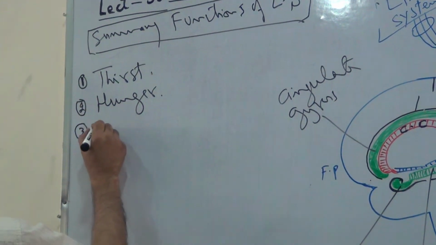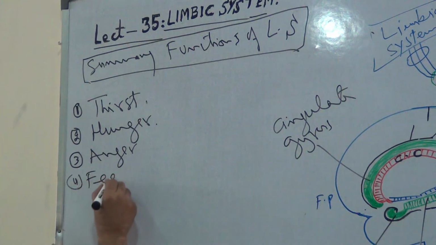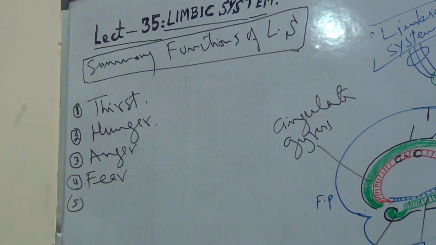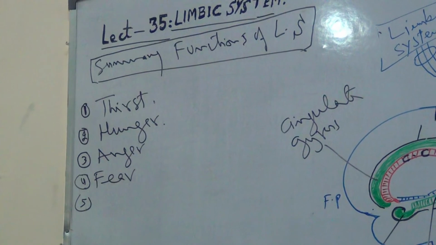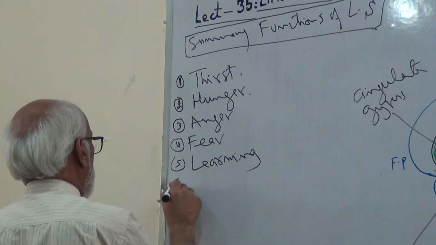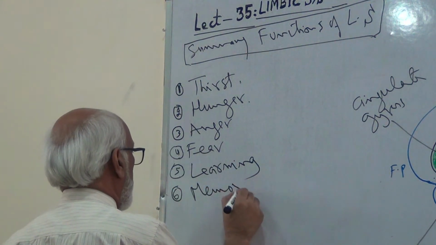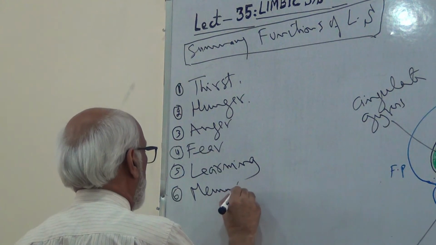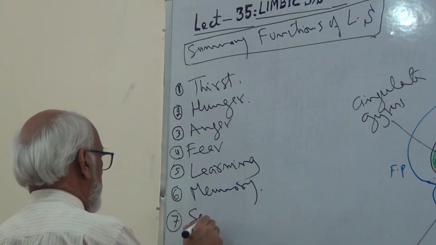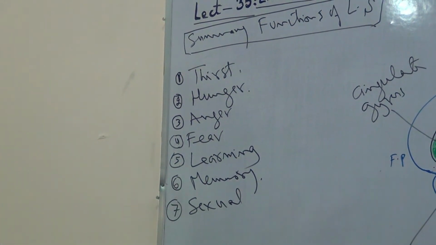Number three, emotions like anger, fear, then learning, memory, and sexual responses.